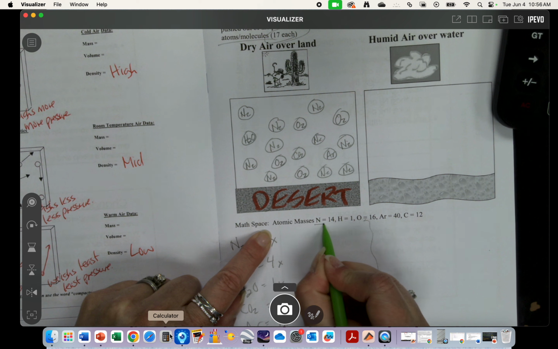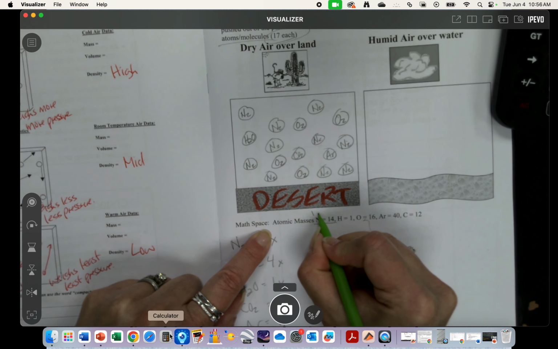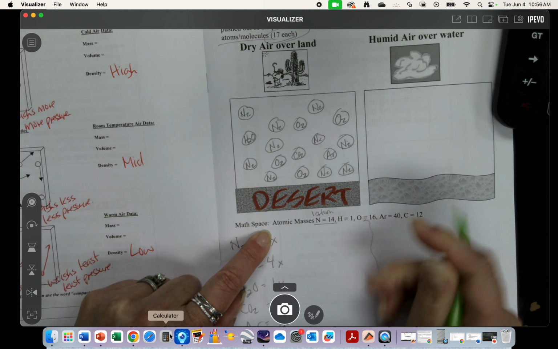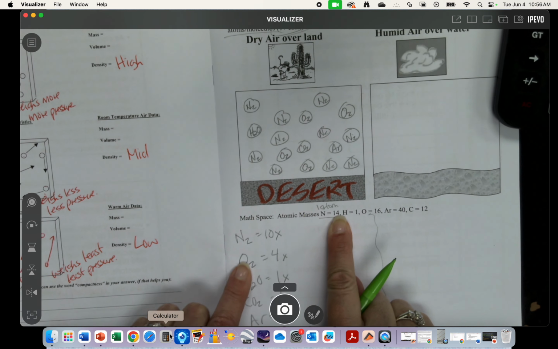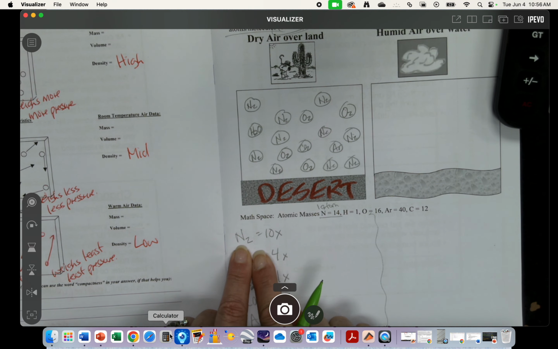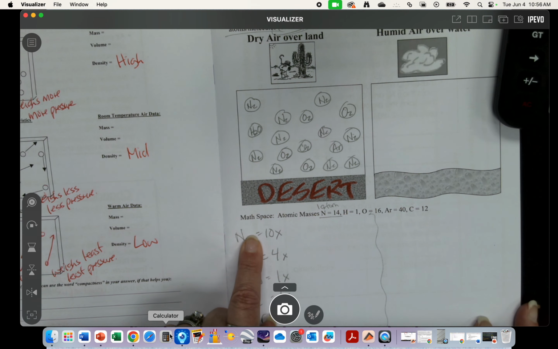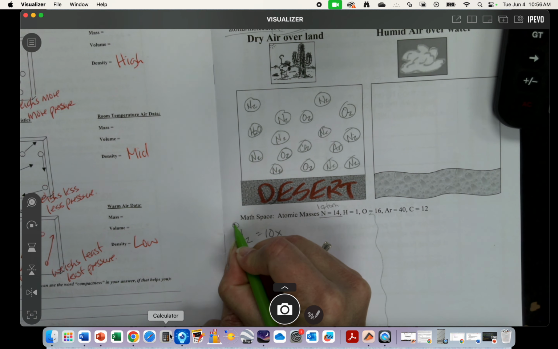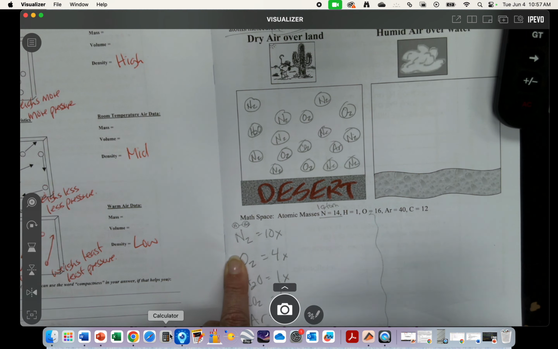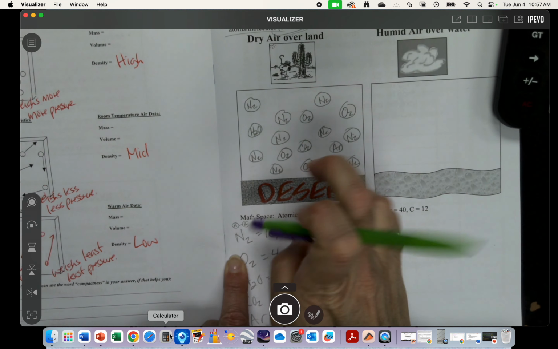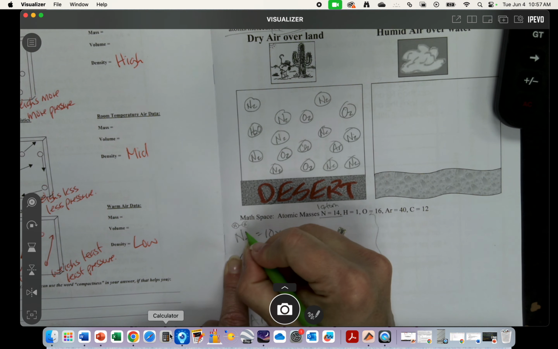What is the mass of one nitrogen atom? 14. One atom of nitrogen has a mass of 14. But we don't have one atom of nitrogen. We have a molecule of nitrogen. We don't have N, we have N2. We have a molecule of nitrogen, which consists of how many atoms? 2.